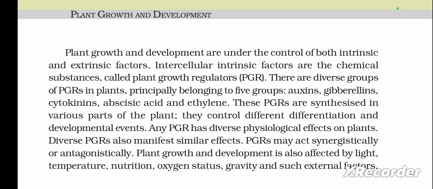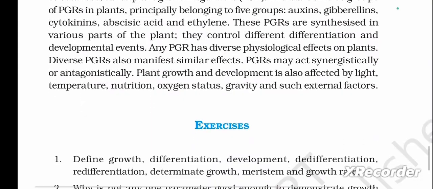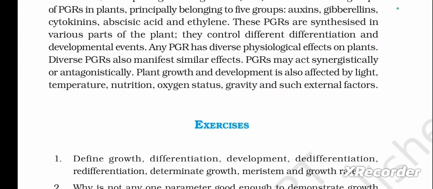They control different differentiation and developmental events. Any PGR has diverse physiological effects on plants. Diverse PGRs also manifest similar effects. PGRs may act synergistically or antagonistically. Plant growth and development is also affected by light, temperature, nutrition, oxygen status, gravity, and such external factors.